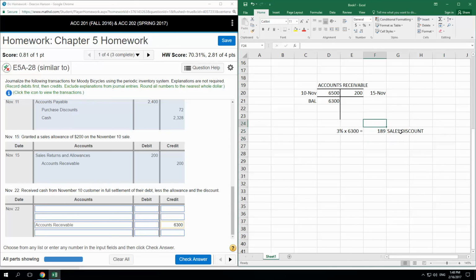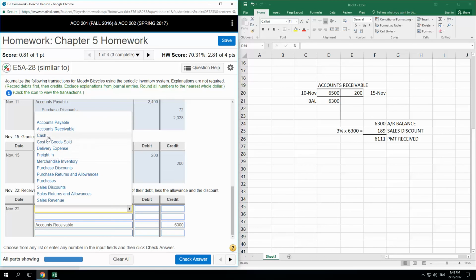Okay, and if you take the 6,300, that's the accounts receivable balance, and the payment to be received will be the difference between 6,300 and $189. Okay, so we already booked the 6,300 in. The customer no longer owes 6,300.